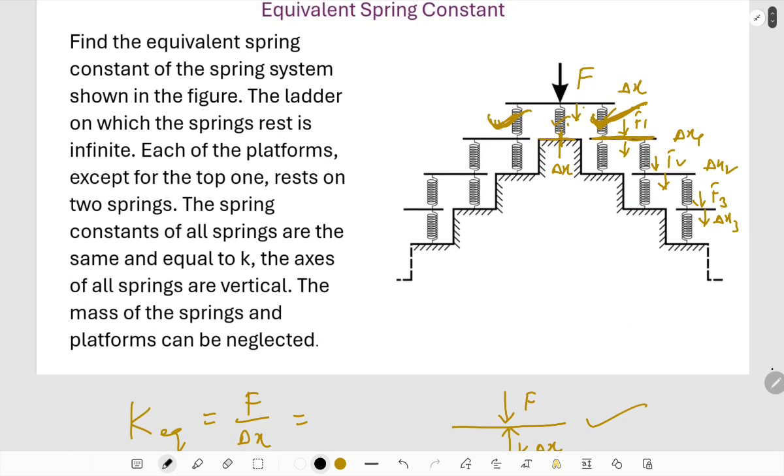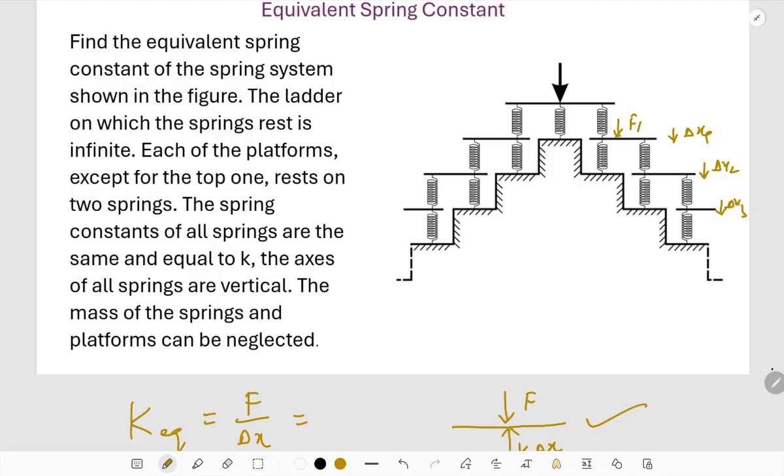We can simply write here what the value of f1 can be. I know f1 was acted upon by this spring on this platform, so f1 is here, and its displacement is delta x1, and this platform's displacement was assumed delta x2 and this one delta x3.